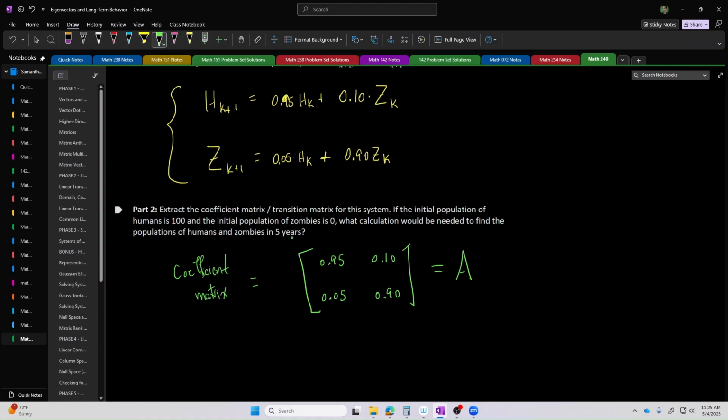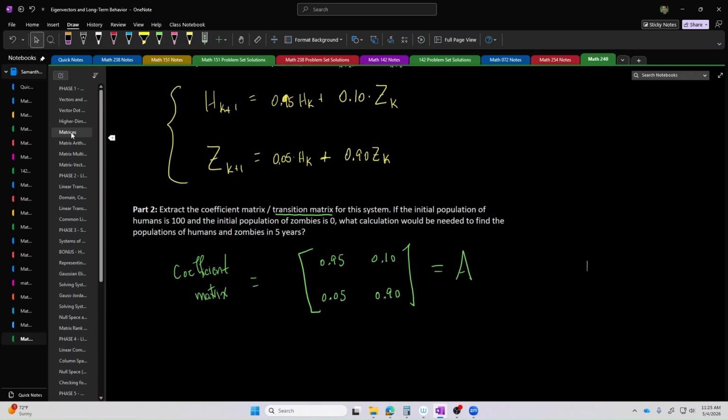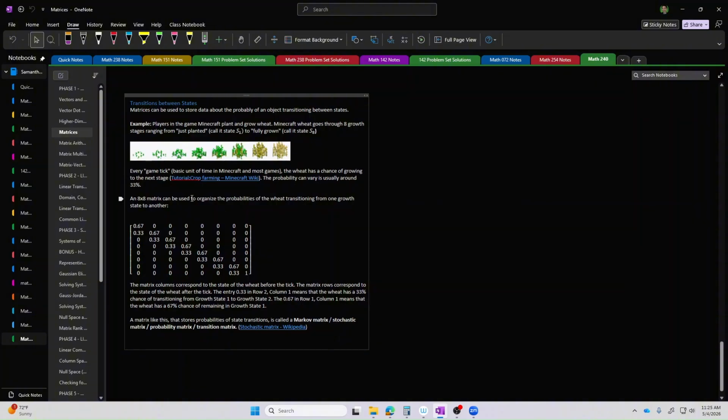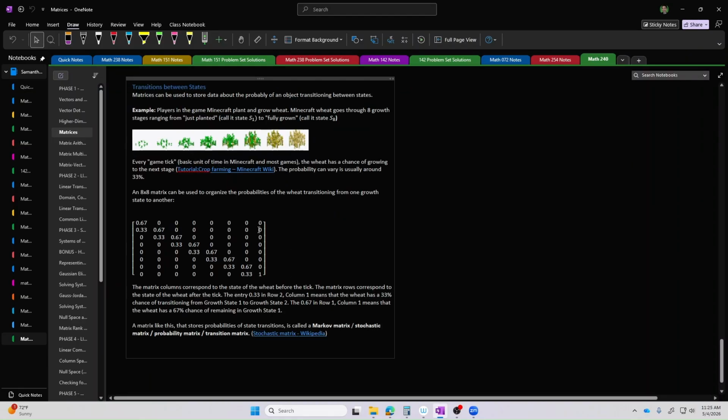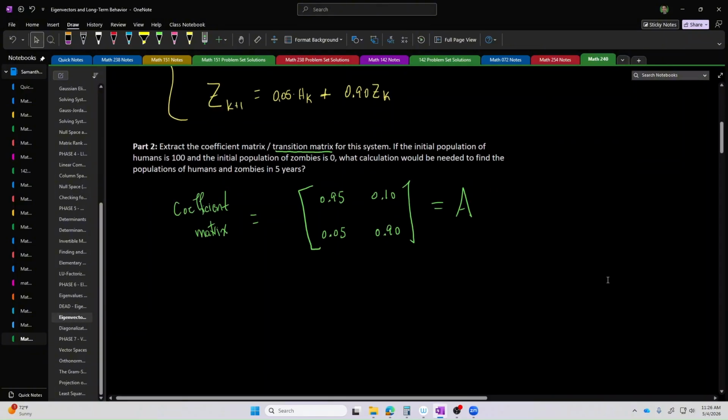And notice that this matrix here would fall into the category of matrices that we called a transition matrix back in lesson 4. In lesson 4, when we were talking about matrices as used in real-world applications, we saw that you can use a matrix to store data about the probability of an object transitioning from one state to the next. And here we're seeing it for transition between the state of being human and the state of being a zombie.